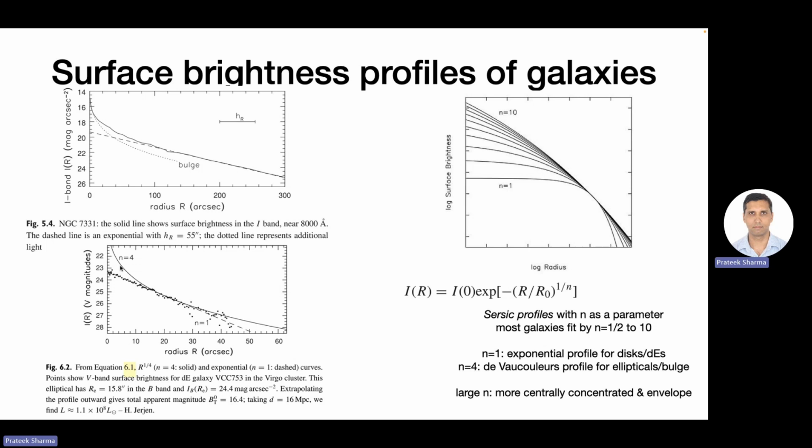Whereas stars, being collisionless, do get moved in complicated trajectories in phase space, but they do retain memory of how they were born. They don't relax to a Maxwell-Boltzmann distribution.